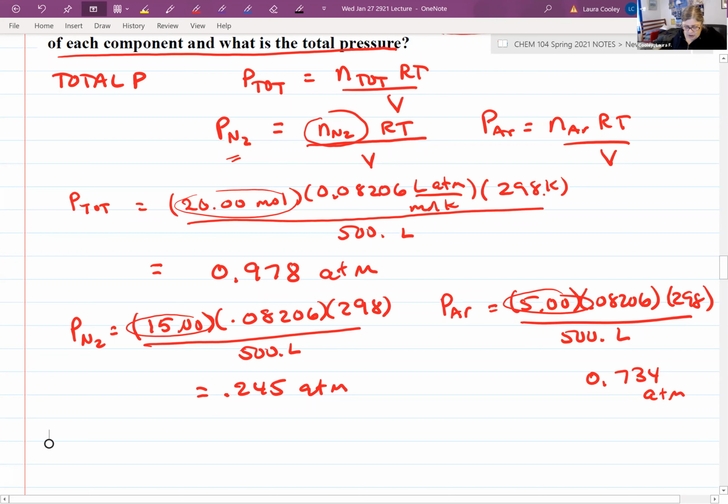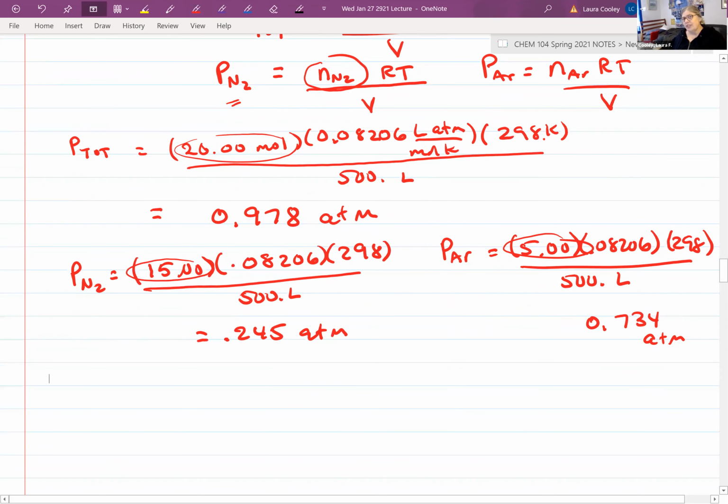But let's say you didn't want to do that and you want to make it a little easier on yourself. You'd say, okay, well, PN2, that's the mole fraction of N2 times the total pressure. So you could take a look at these moles and you could say, oh, the mole fraction of N2, that's a pretty easy calculation. This is the moles of N2 over the total moles.